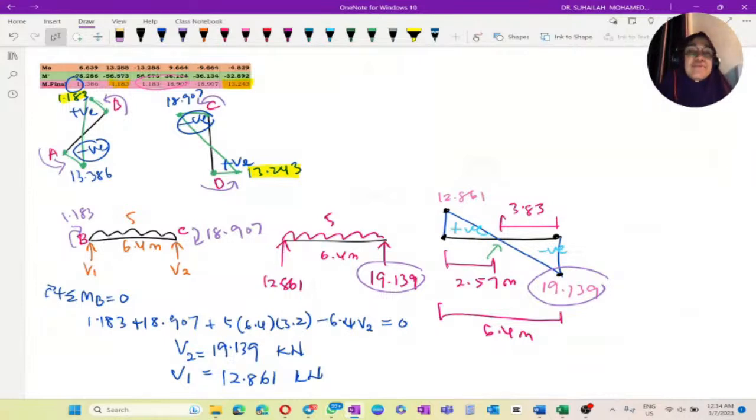I've done a few questions and solutions, and I will focus on how to draw the bending moment diagram for all examples and solutions I have done.